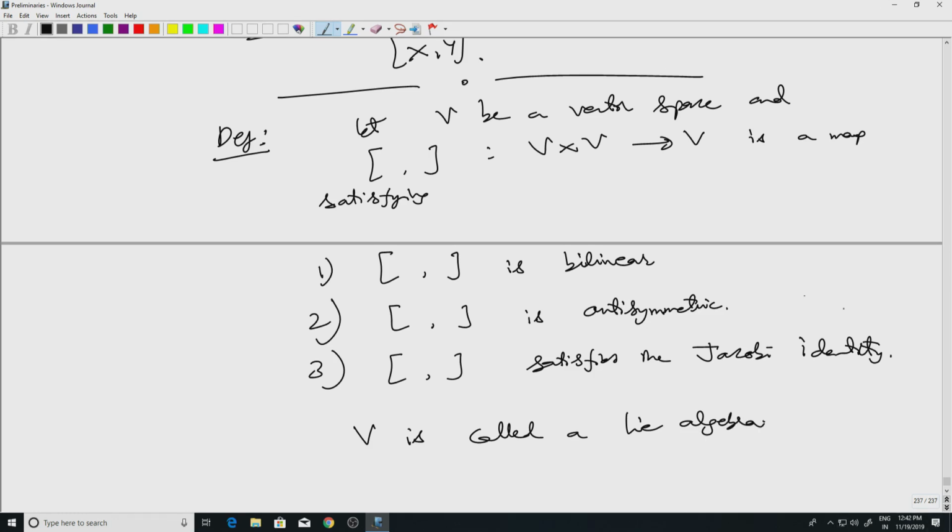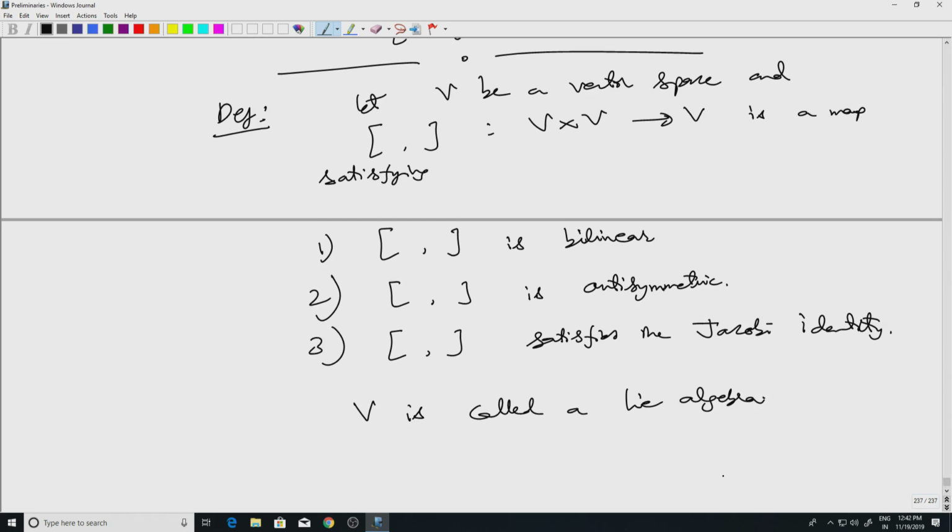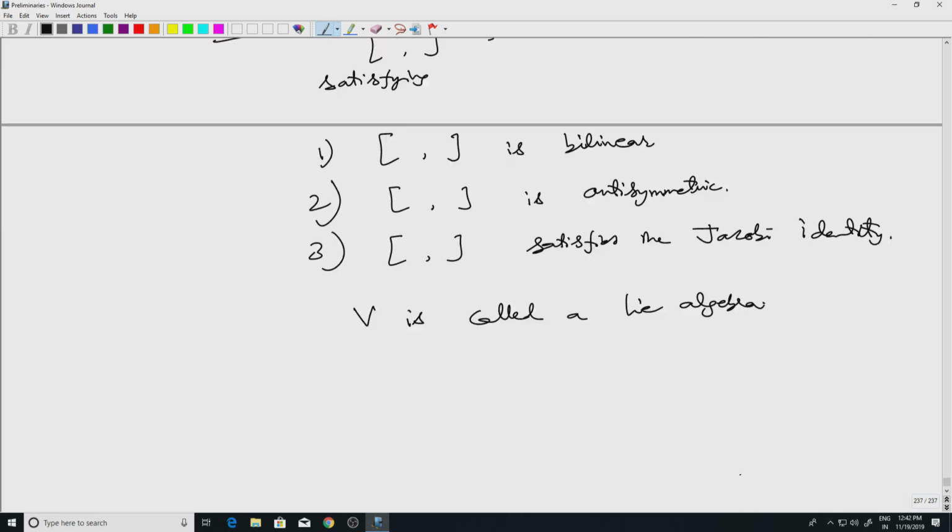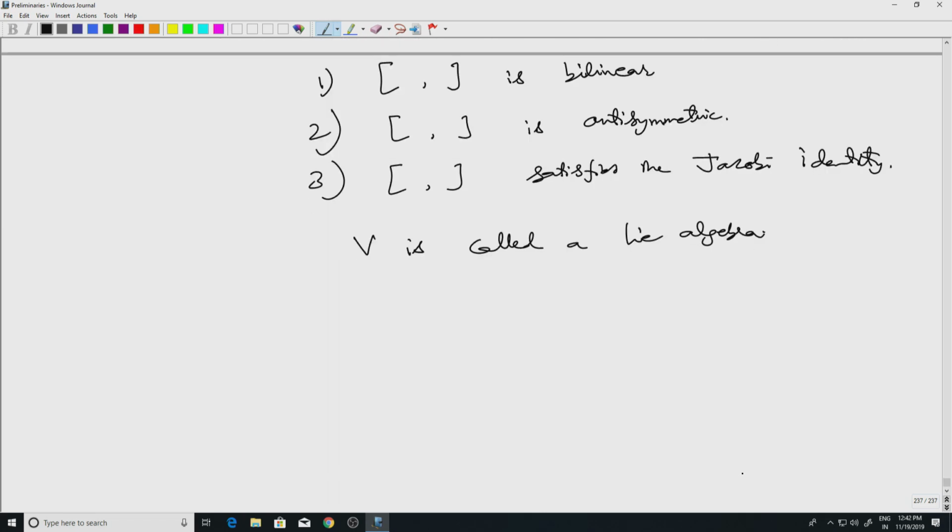So in other words, we have talked about the Lie algebra of a Lie group, but this notion makes sense in a very general setting. Whenever you have a vector space with this bracket operation, we can define a notion of a Lie algebra.